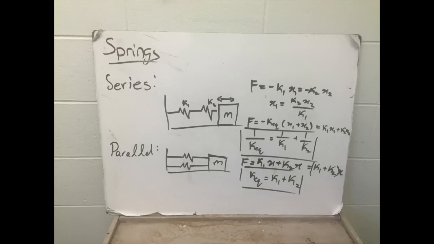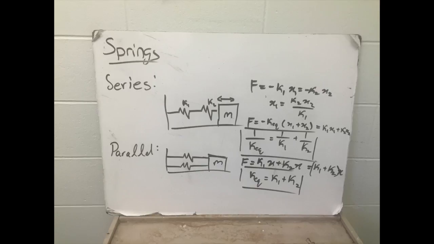So the last portion of this lesson before we get into the examples would be springs in series and in parallel. So in series, that's when you have one spring connected to another spring connected to an object.